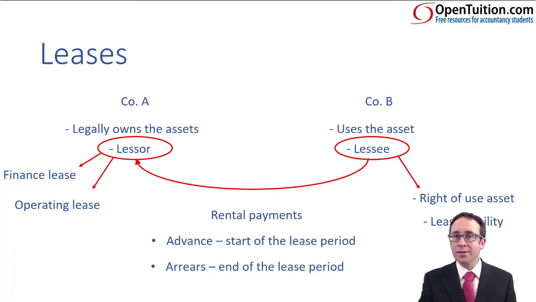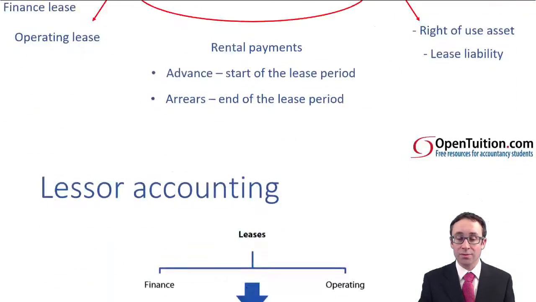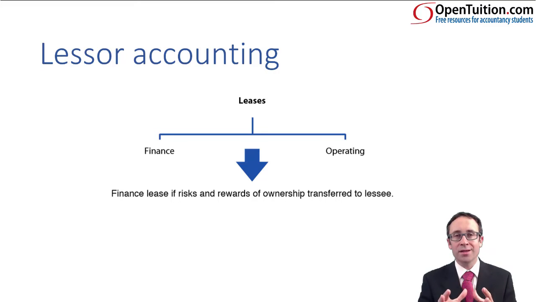So going into the notes and looking at it from a lessor's perspective, we need to look at it from a finance lease and an operating lease perspective. For those of you who have done previous studies using the old standard, you will be comfortable with the idea of the finance lease and the operating lease.